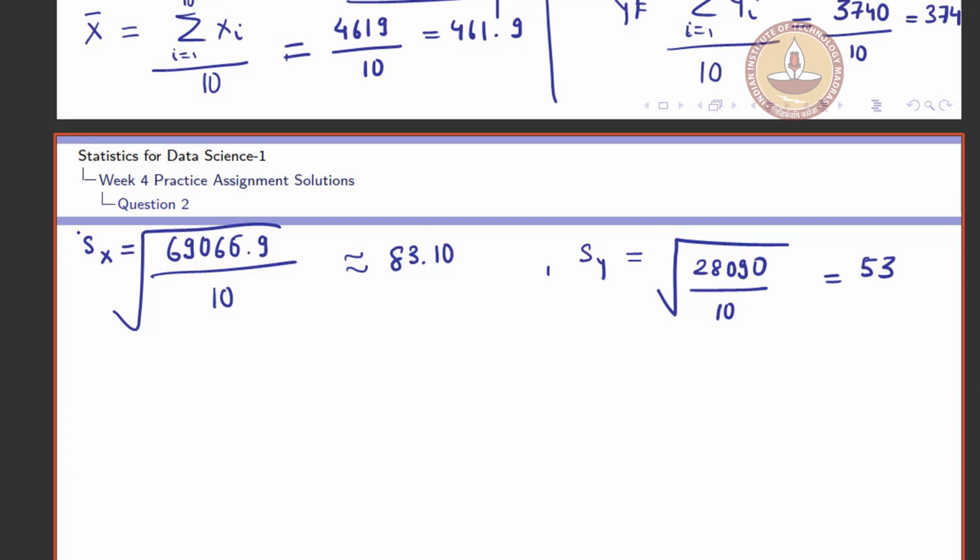So we have the standard deviation of marks obtained by students in their class 10th and in their class 12th. So we have S of x is 83.10 and S of y is 53.